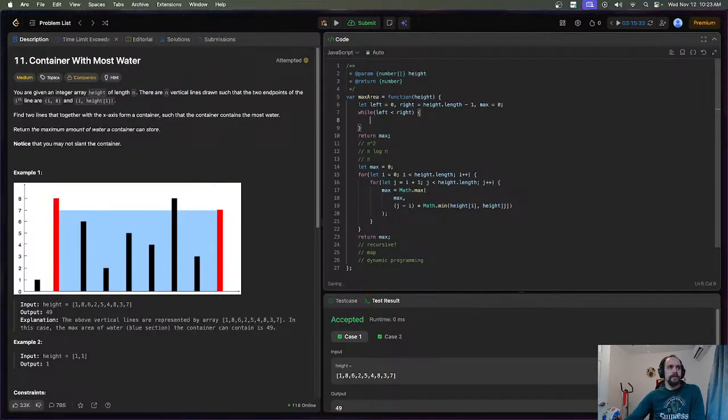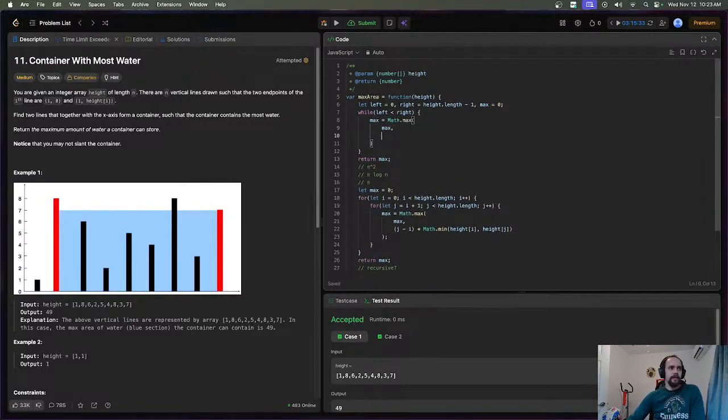And then we'll say max equals Math.max of max and right minus left times Math.min of height sub left and height sub right.